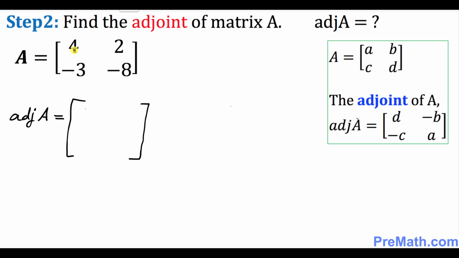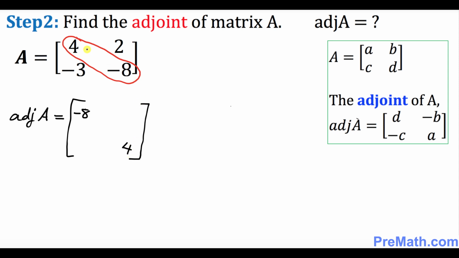I want you to look at this diagonal, 4 and -8. I want you to just switch these numbers, that means swap them. -8 goes over here and 4 goes over this side. So that's going to become -8 and this becomes 4.